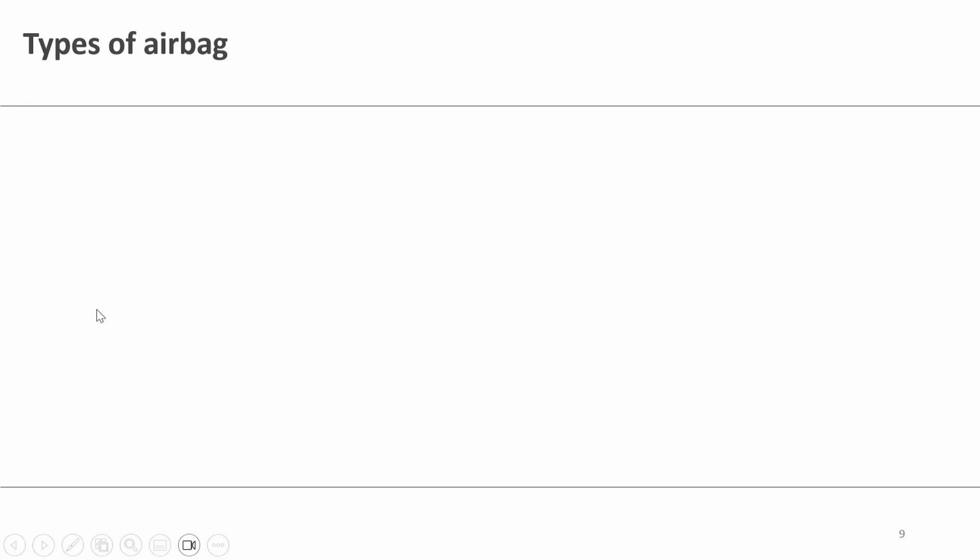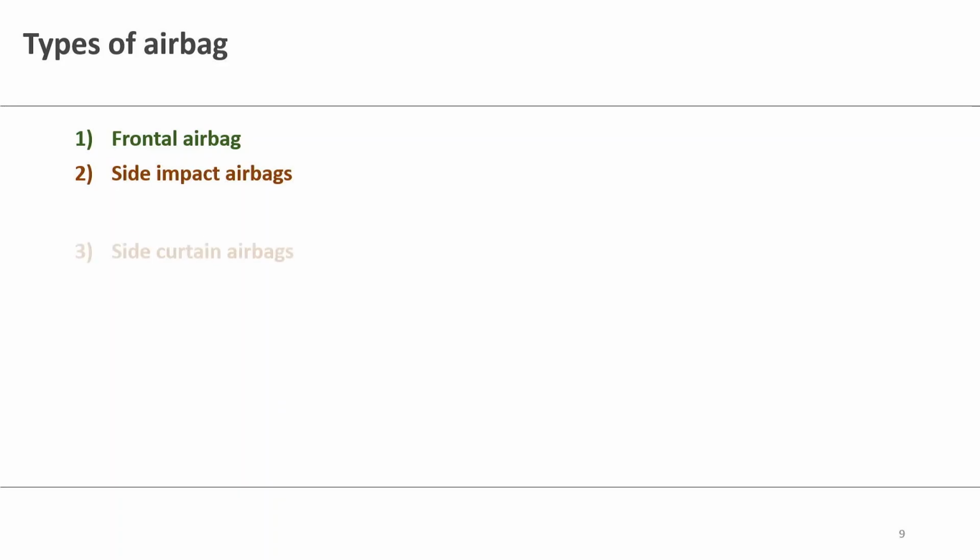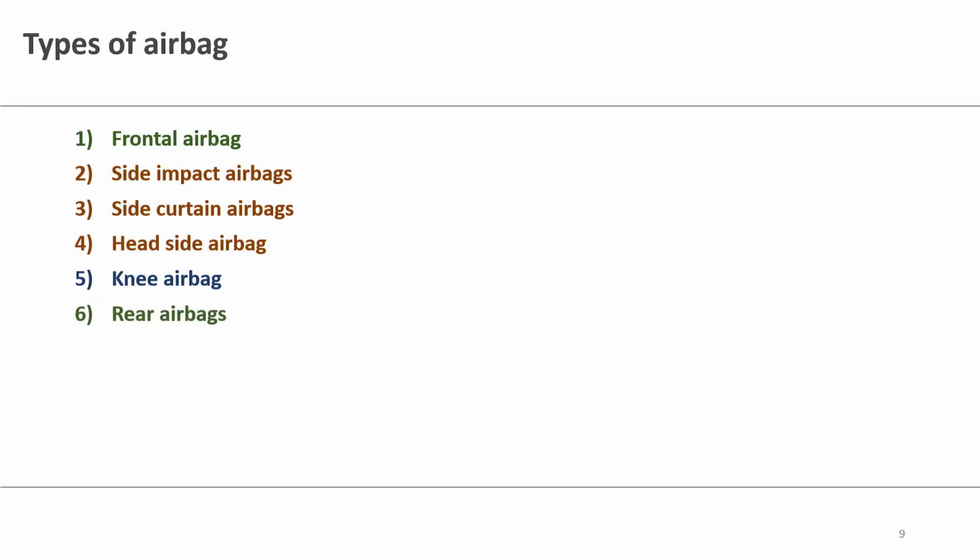So, the types of airbags are: one is the frontal airbag, then side impact airbag, side curtain airbags, head side airbags, knee airbags, rear airbag, seat belt airbags, pedestrian airbag.